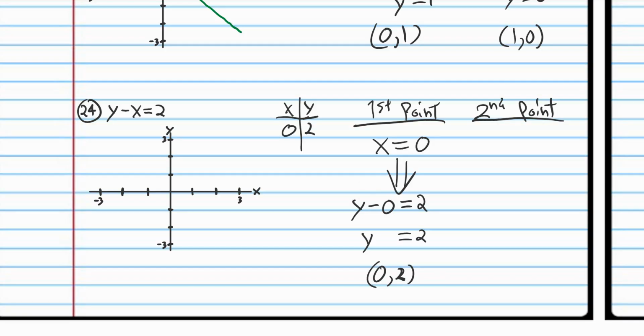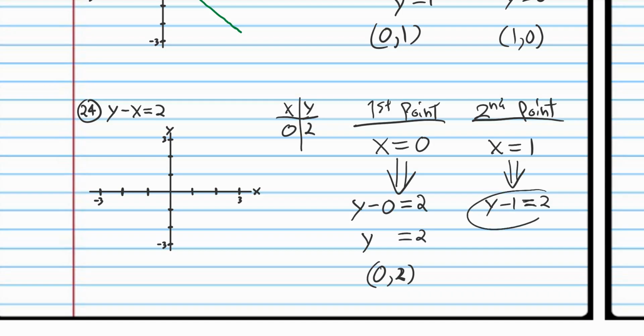Let's try 1 for x. Now for this point we might have to perform some actual algebra. So y minus 1 is equal to 2. So again, that's a one-step algebraic equation. You don't really need to use the algebra. You can probably do it in your head. I'm not going to force you to do that algebra. But you can see just by looking at the equation, y obviously has to be 3.